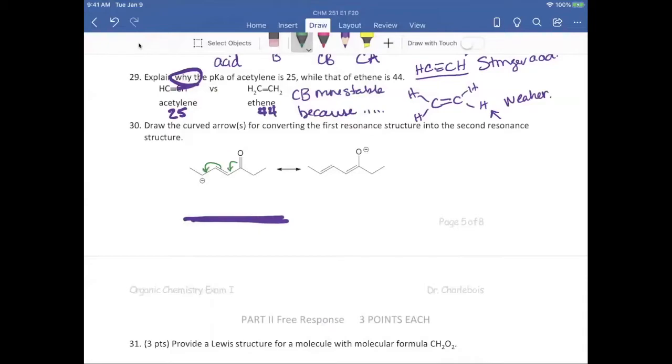So what is wrong with this arrow pushing? First of all, our oxygen now does not have an octet. And to date, we have not talked about oxygen not having an octet. I've never shown you that, and I won't. We said carbon cannot have an octet as a carbocation, but that's really an exception. And what else is wrong with it? This carbon right here has 2 hydrogens on it and a lone pair, and so now you have just made carbon have an extended octet.